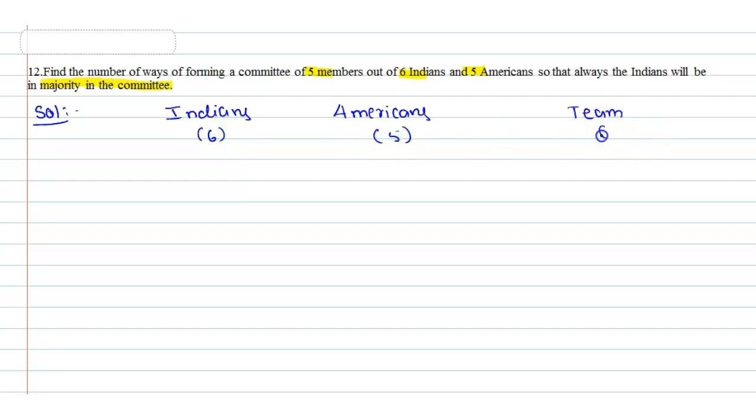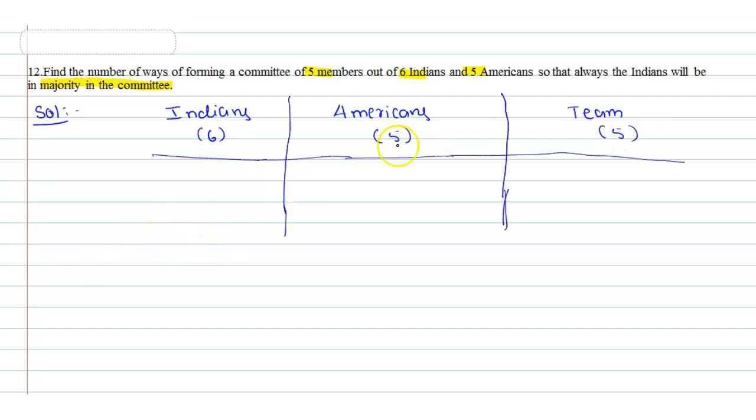Here we need a team of 5 members, right? So for this one we have one condition: Indians will be the majority. Majority in the sense I am taking 3 Indians and 2 Americans. So 3 plus 2 goes to 5. Out of 6 Indians I am taking 3, so that is 6C3 into 5C2 ways.